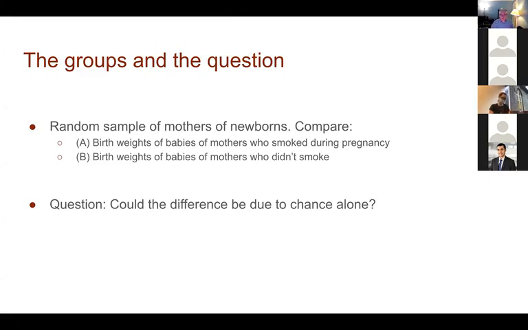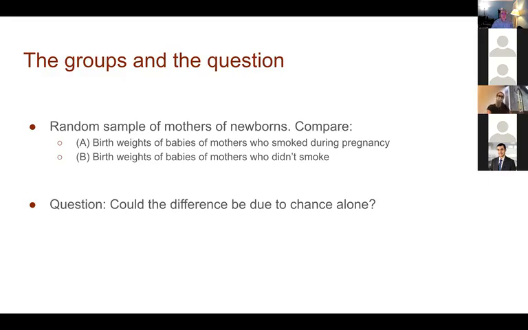So we have this random sample, and we're going to compare the birth weights of babies of mothers who smoked versus the weights of babies of mothers who didn't smoke. Those are the groups: the non-smoking moms and the smoking moms.